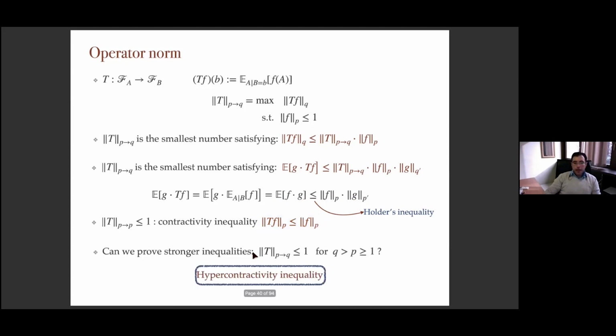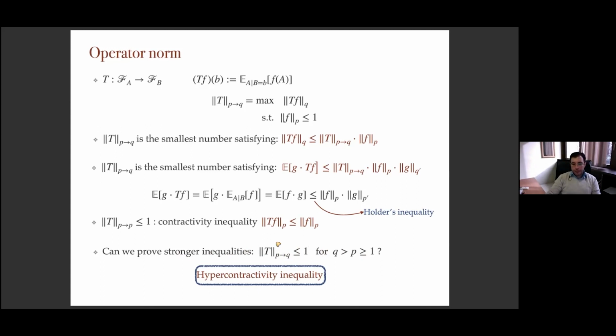Now I'm interested in inequalities that are stronger than this one. I'm not interested in P to P because it always holds for any operator T of this form, for any conditional expectation operator. I'm interested in stronger types of inequalities: an upper bound of 1 on the P to Q norm, where Q is greater than P. Why would this be a stronger inequality?